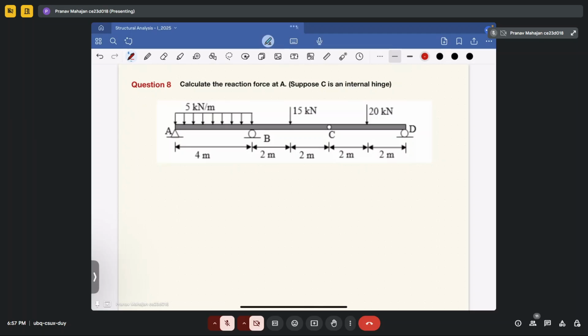In this, he's telling you to determine the reaction force at A. Now the question is getting complicated because the internal hinge C is also coming into the picture. If an internal hinge is coming into the picture, that means at that point it is having zero moment.